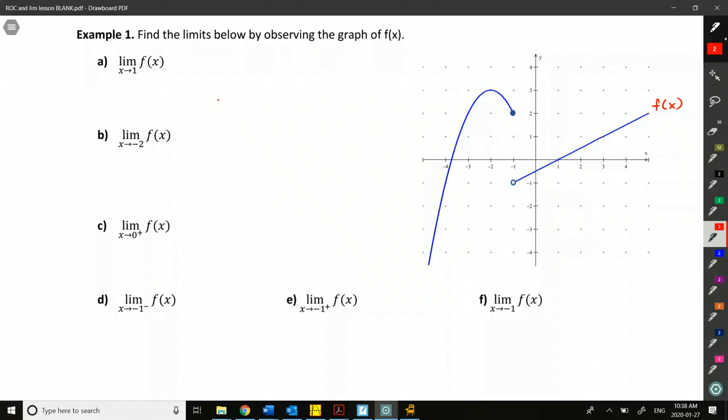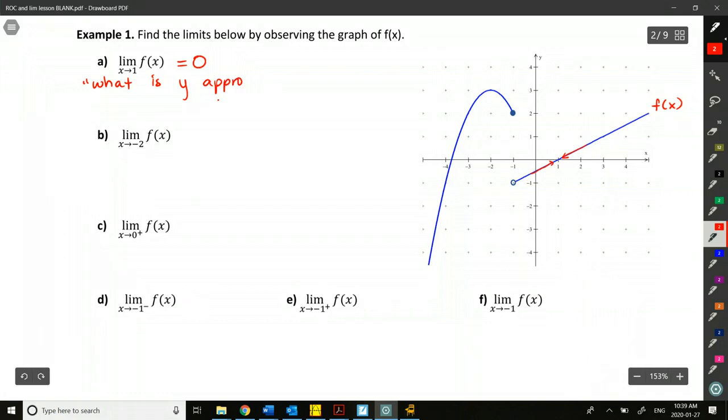So if we look at what is happening here, as I approach the x value 1 from either side, what are the y's getting closer and closer toward? 0. So this limit is a pretty straightforward one. It equals 0. The question you want to ask yourself is, what is y approaching as x approaches 1?